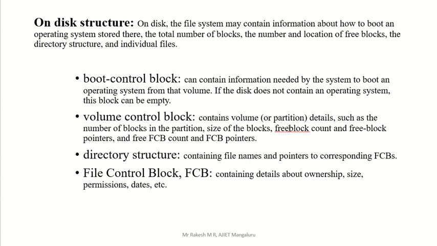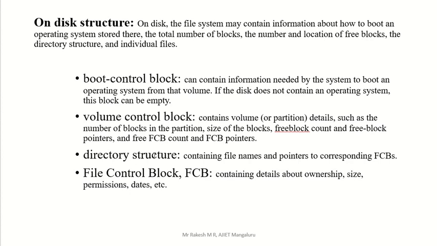All this information is there in your volume control block, and the volume control block is there in your secondary device. Then directory structure. You know directory, right? It contains the file name and a pointer to the corresponding FCB. We are getting the term FCB. What is that FCB? File control block.